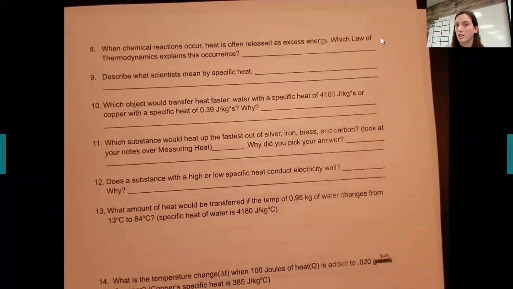Some things don't take a lot of energy to raise, like aluminum, which changes its temperature very quickly. That's like if you have a potato wrapped in aluminum in the oven. When you take it out, the aluminum's very hot, but if you set it on the counter and wait 2 seconds, then touch the aluminum, it's cooled down and you're not going to burn your hand as much.